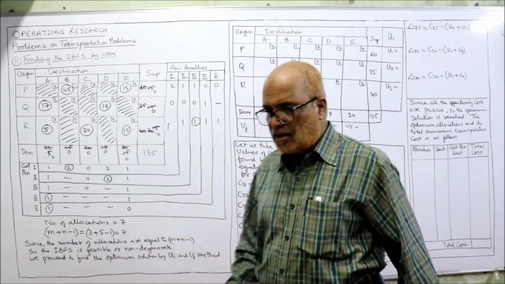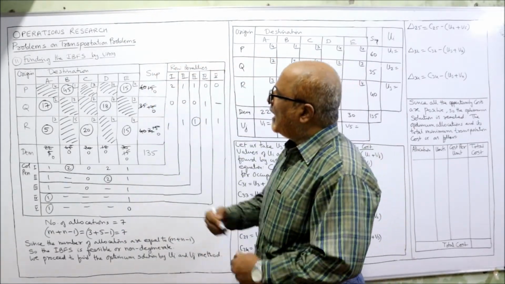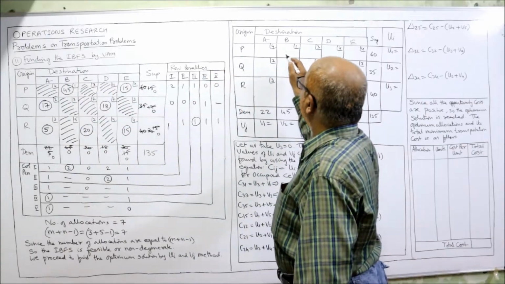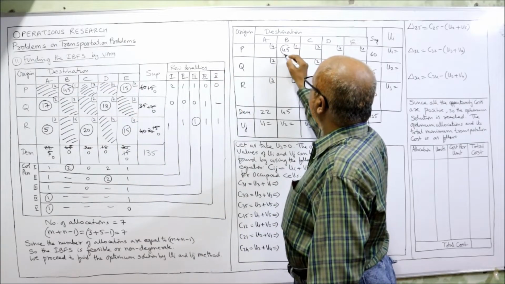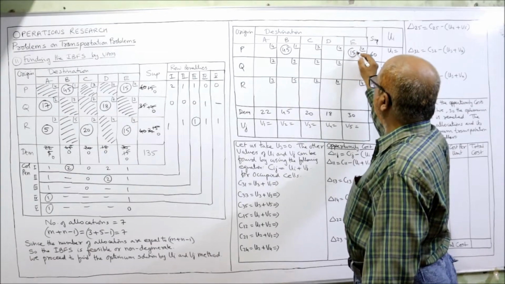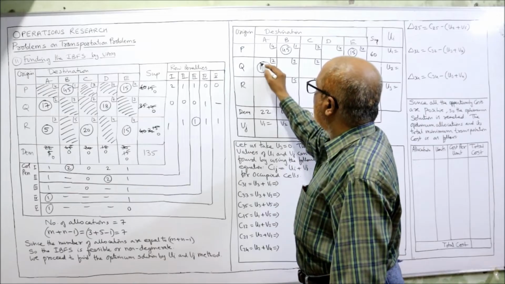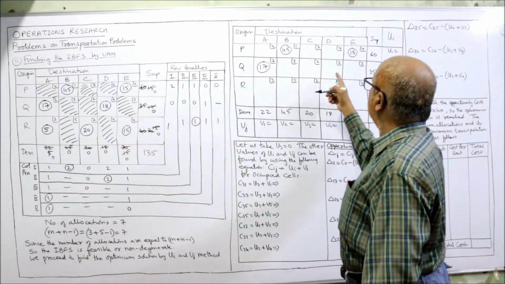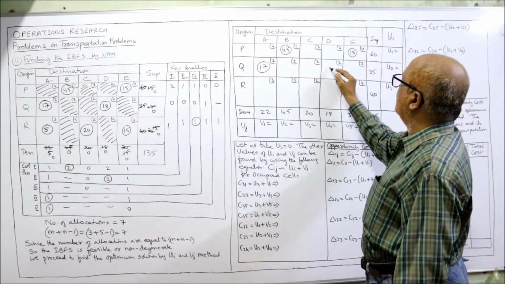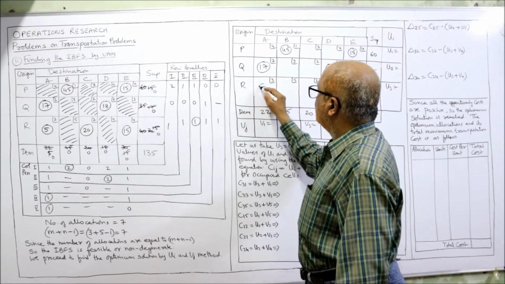We have taken. Now we take the allocations from IBFS. The allocations are 45, so I am writing 45 here. Then second, 15. Next one, 17. Then 18 is here. Next one is 5.